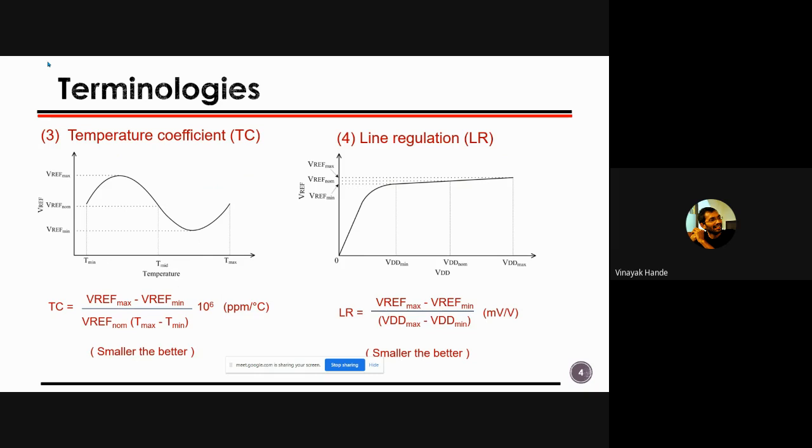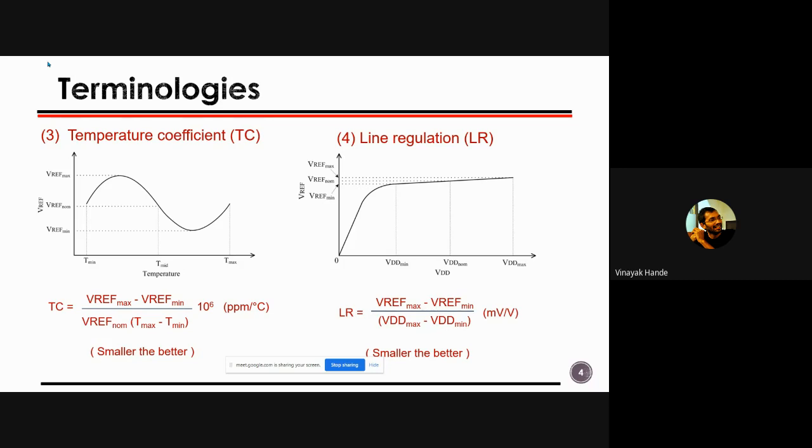This slide and the next slide which we are going to discuss are like characterization measures for a designed voltage reference. The first one is the temperature coefficient, generally called TC, right? And TC gives the measure of how accurate your voltage reference is.